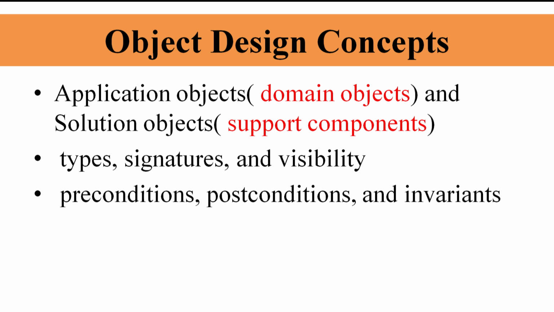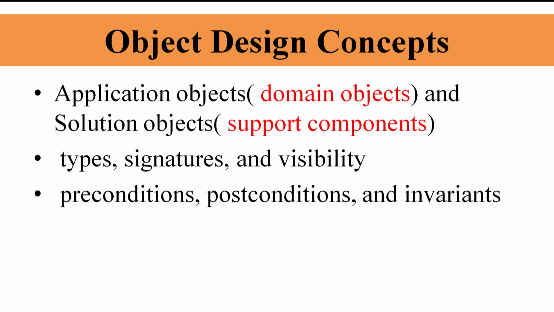And if we try to see what basic concepts we use while designing the object, we focus on finding the application objects. Those application objects are nothing but the domain objects like student, teacher, assignment submission, evaluation, feedback giving. These are all basic examples related to an online learning management system.